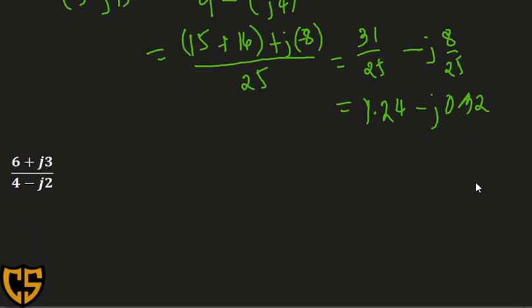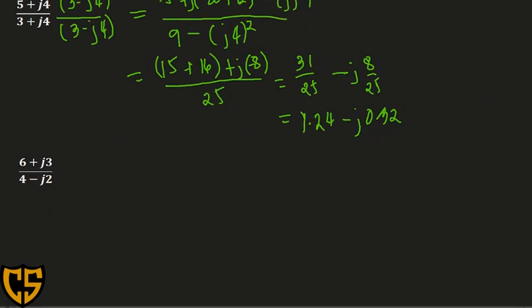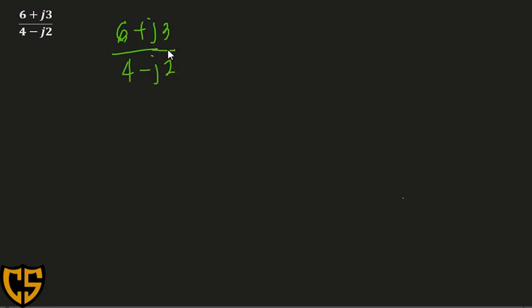Let's have another example for better understanding. We are given 6 plus j3 all over 4 minus j2. First, multiply by the conjugate.